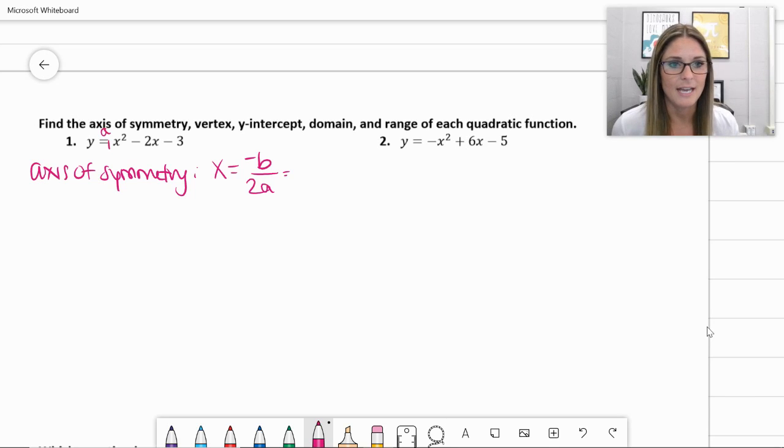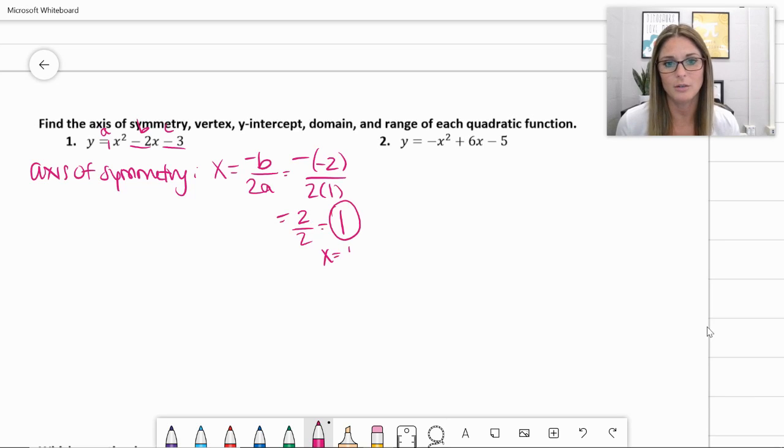On my equation, A is an understood 1, B is -2, and C is -3. So when I plug that in, the formula is negative B over 2 times A. That makes +2 over 2, or 1. Or if you need your equation, x equals 1.